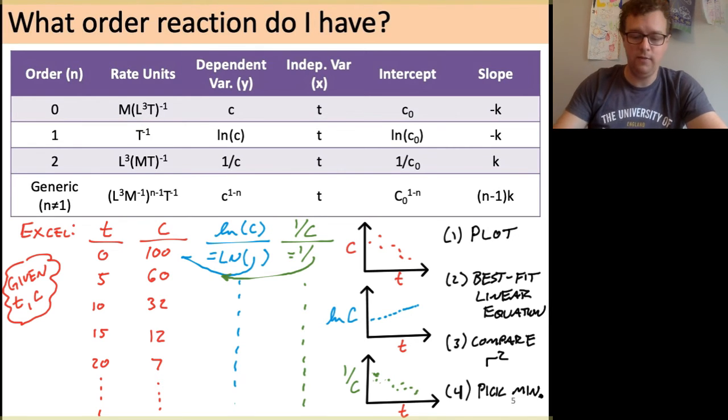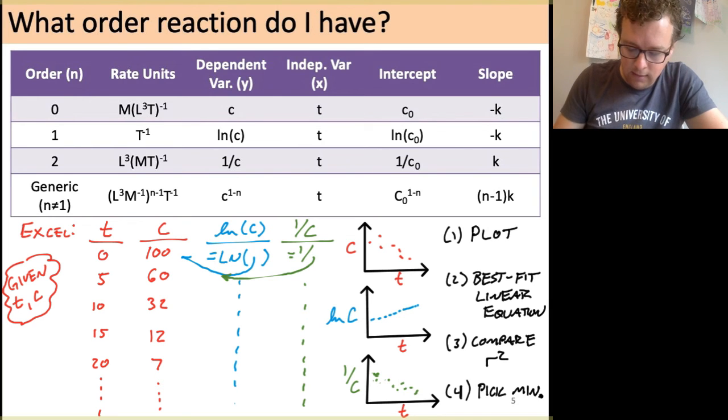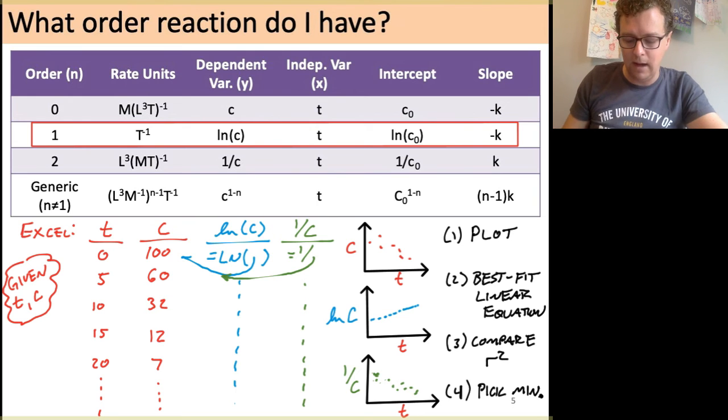And so if I'm then interested in the rate coefficient, you can see from the table that for a first order equation, my k value is going to be minus the slope of that line, or the slope of that line is minus k.